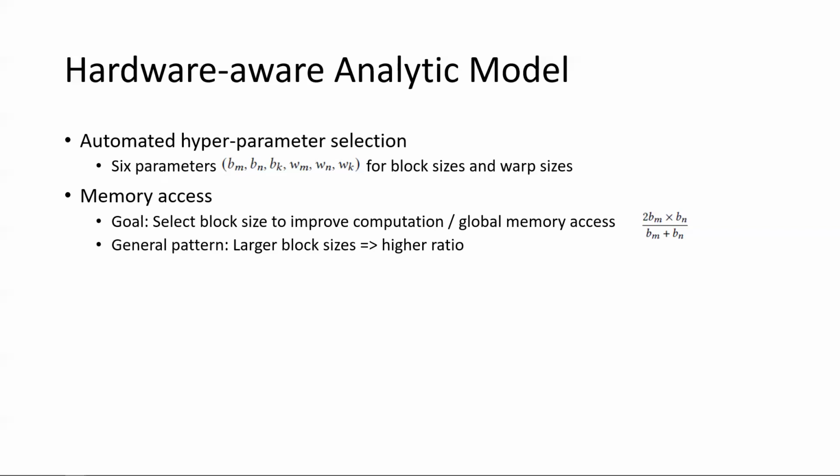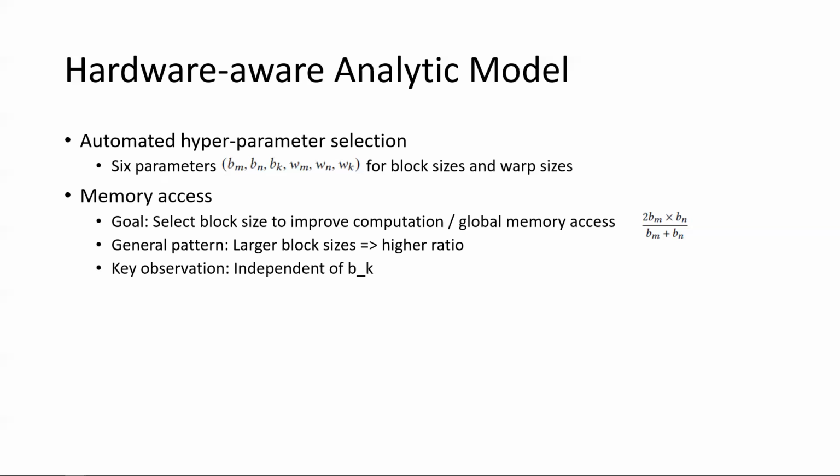The general pattern here is a larger block size usually leads to a higher ratio, which means a better performance. Actually, this ratio has a very significant impact on the performance. It may lead to 2 times or even more difference in the performance.